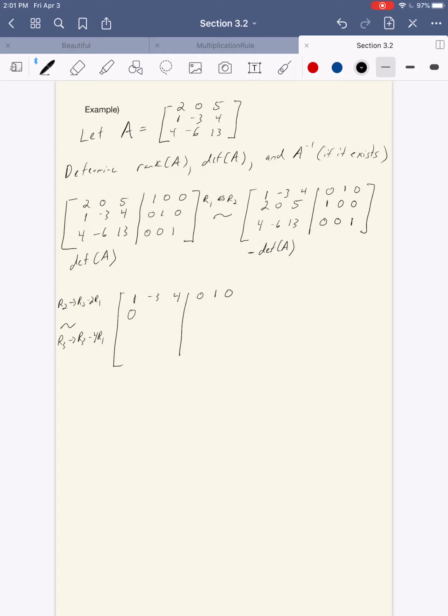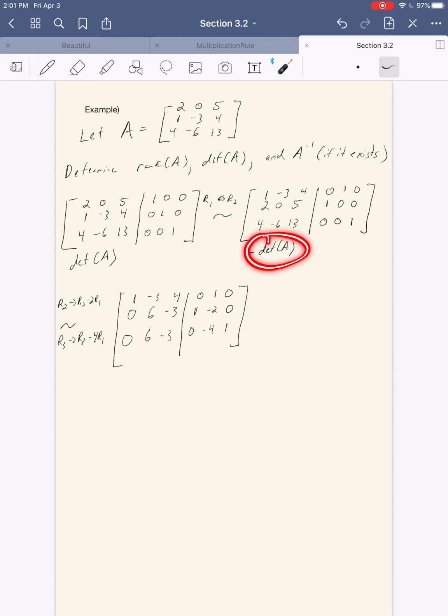Here we're going to get 0, and then 6, and then 5 minus 8, so negative 3. And then we should get 1, negative 2, 0. And in this row, we should get 0, and then negative 6 plus 12, so 6, and then 13 minus 16, so negative 3. And then we should get 0, negative 4, 1.